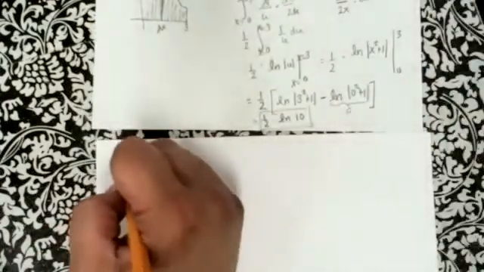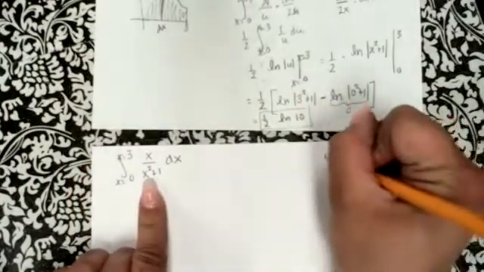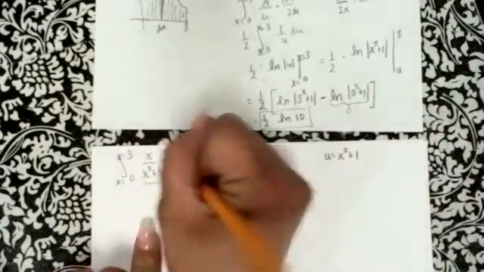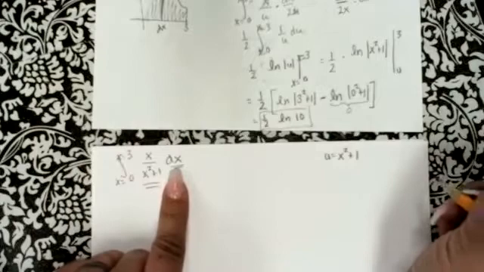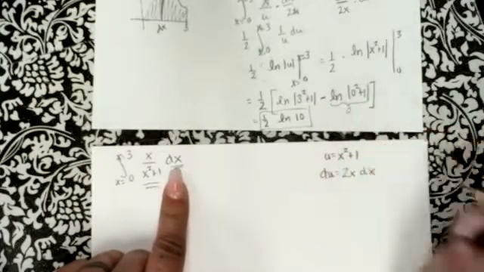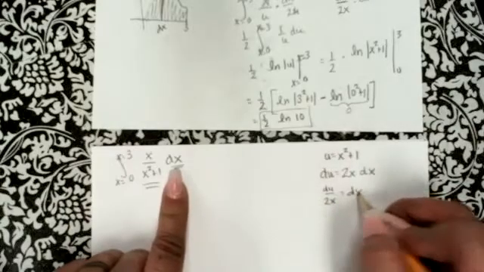These are in terms of x's. I'm still going to let u equal the x squared plus 1. Now I need to find out what dx is. So right here, I'm going to let du equal 2x dx. So then du over 2x equals dx.